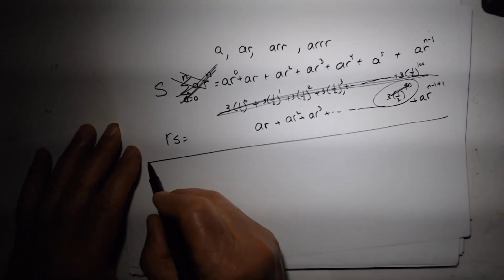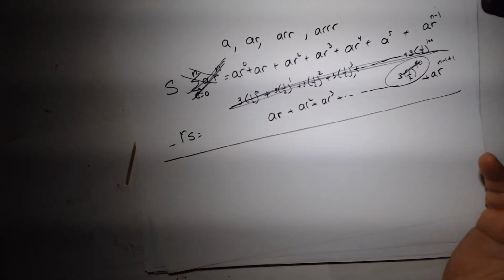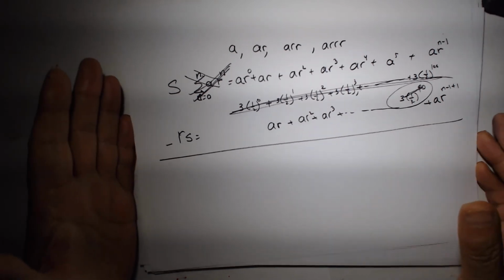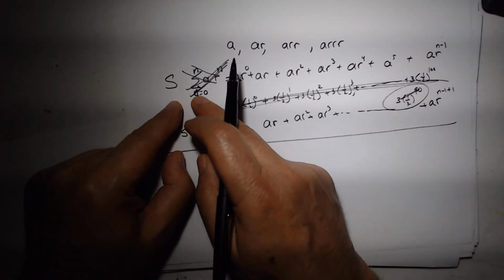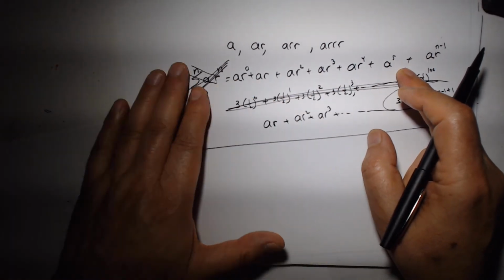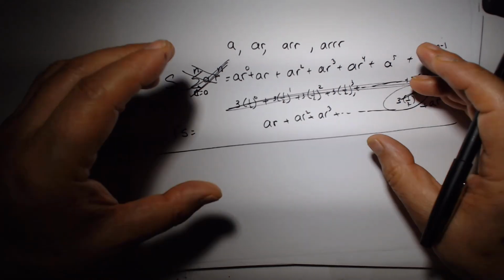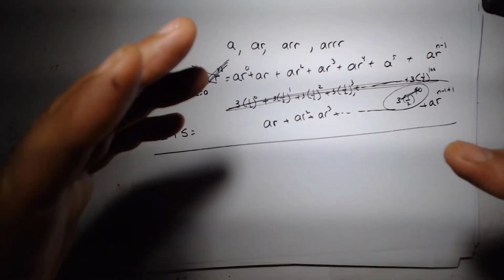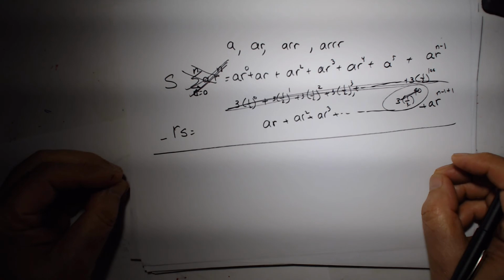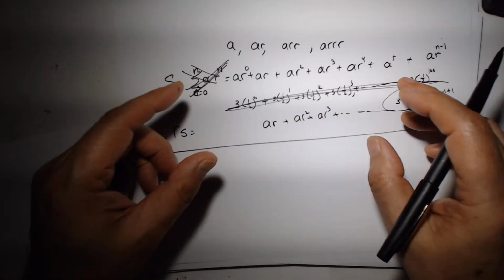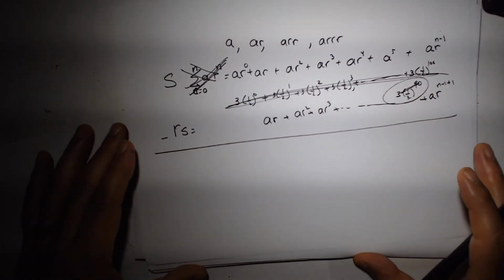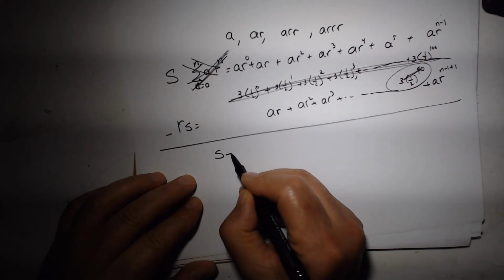Then I'm going to say, please subtract these two. Remember, in algebra you can multiply both sides of any equation by a non-zero constant. Then you can add these two equations and replace either of the two with the result, and it is not going to change your solution. I'm going to subtract these two.